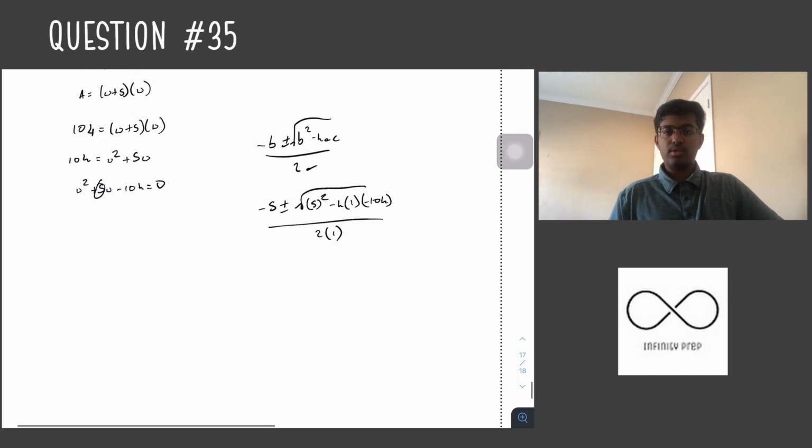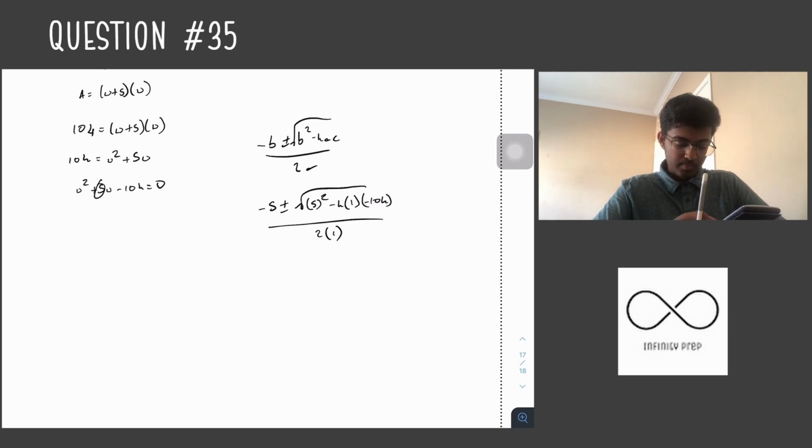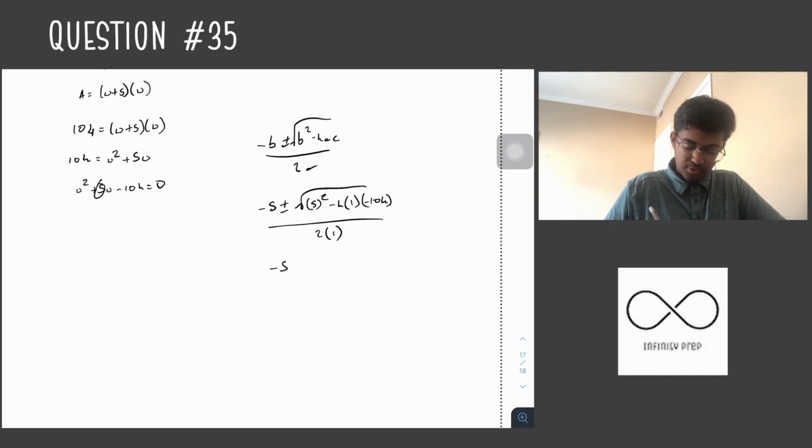And all we need to do is plug it into the calculator. So I'm going to first do the square root of 5 squared minus 4 times 1 times negative 104. This is equal to 21, so negative 5 plus or minus 21 over 2 times 1, which is 2.